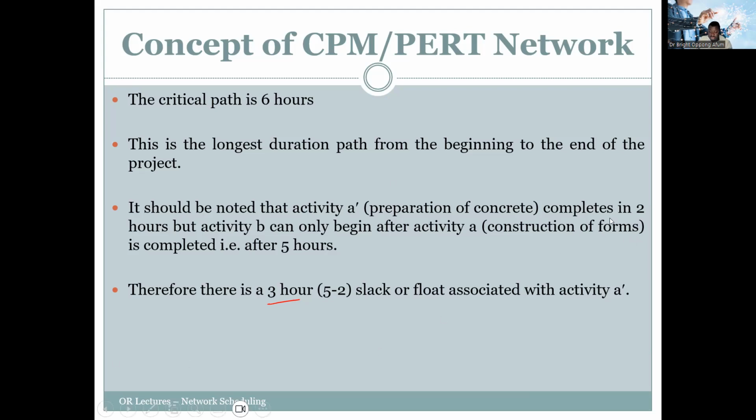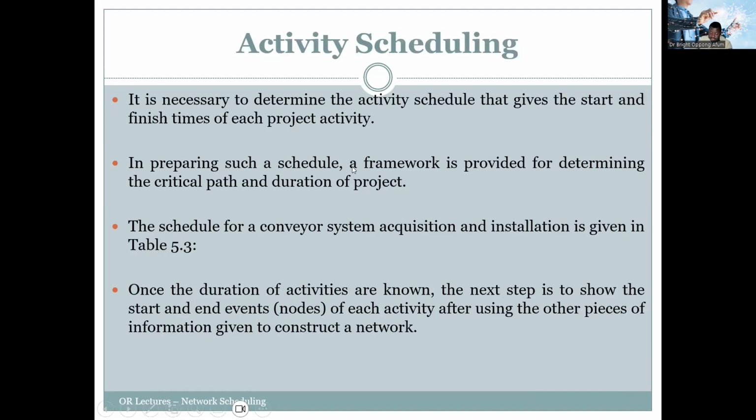So it is actually necessary to determine the activity schedule that gives the start and finish times of each project activity. So in preparing such a schedule, a framework is provided for determining the critical path and duration of the project.